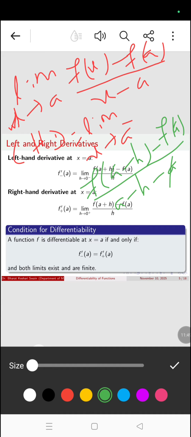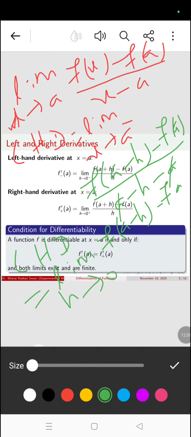So the a cancels, and your LHD will be limit h tends to 0, f of a minus h minus f of a, divided by minus h.